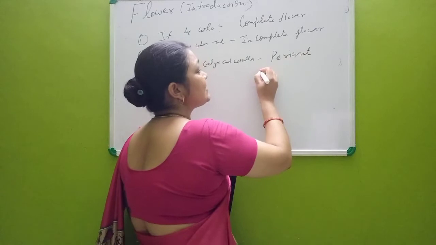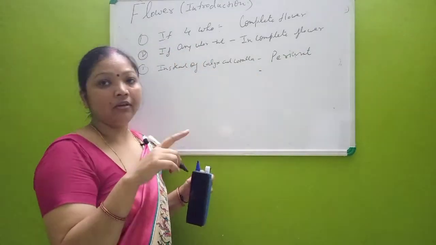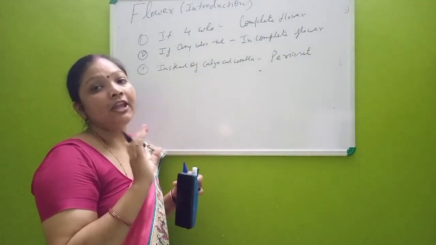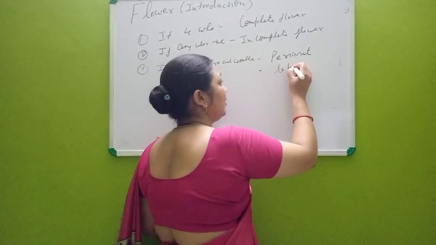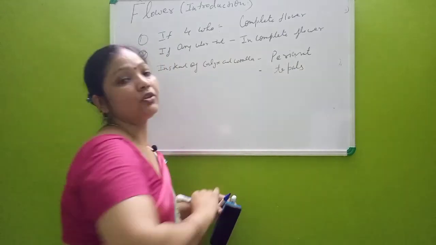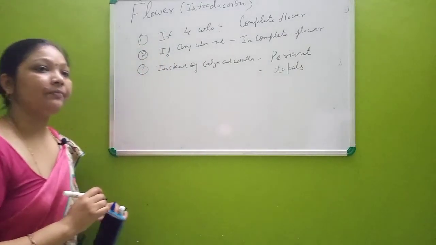A group is called perianth, whereas a single one is called a tepal. Okay, it is called tepals.